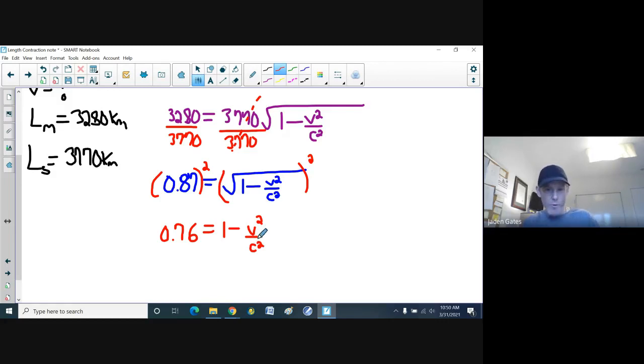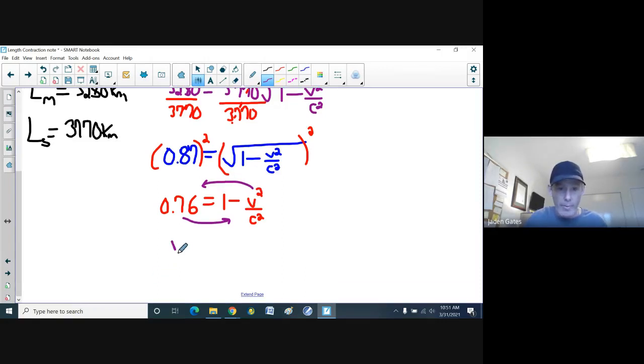What am I going to do there? All right, so again, there's lots of ways to do this, simplifying and solving. I'm going to move this negative V squared over C squared to the other side, and I'm going to move this 0.76 to the other side. So when I move my negative V squared divided by C squared over to the other side, it's now going to become positive V squared over C squared.